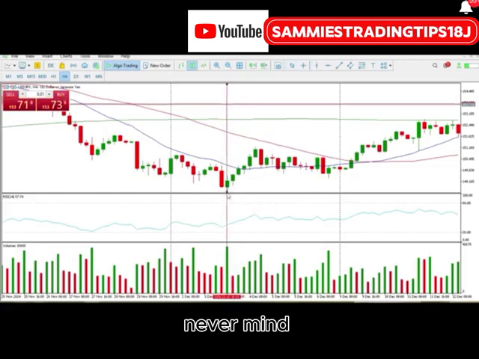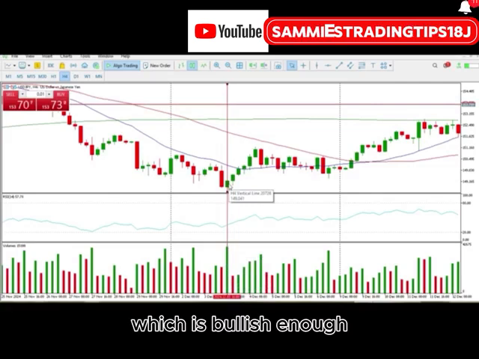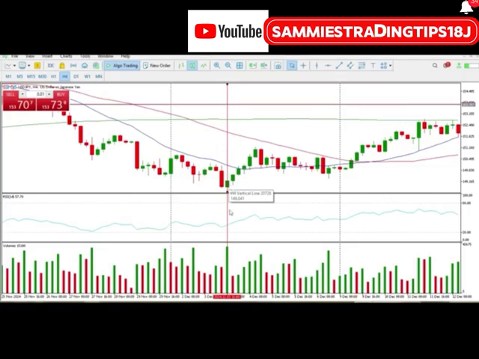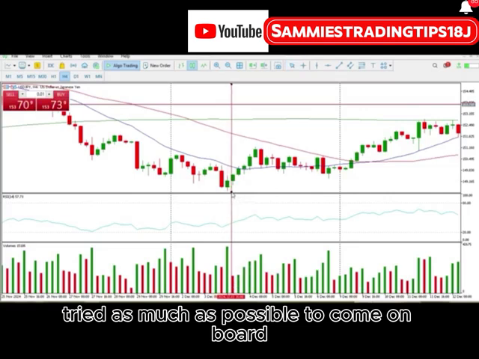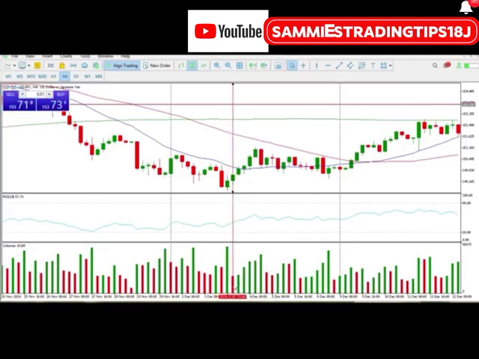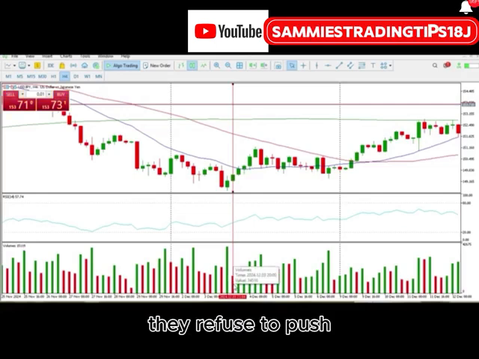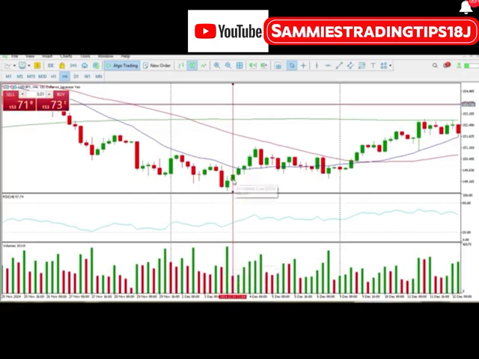See, there's a huge spike in the volume of buyers, and I have this candlestick which is bullish enough. Even though the sellers tried as much as possible to come on board here, they refused to push the price down.